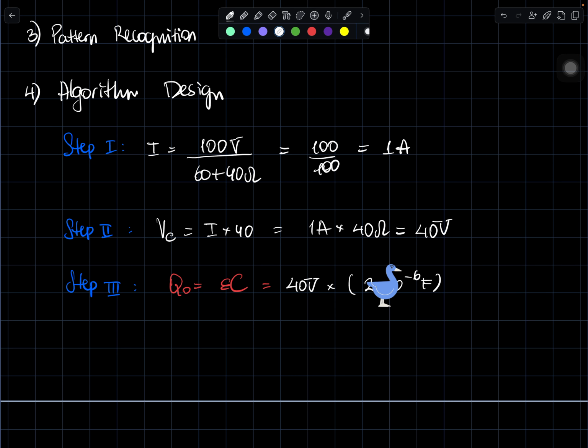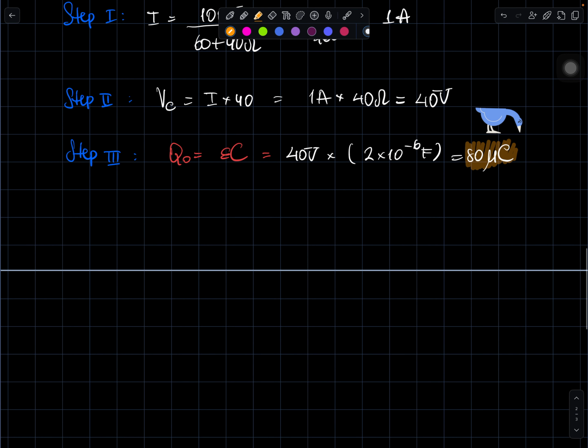This gives us 80 microcoulombs. So we found the initial charge. Let me highlight this. And now we are moving to part B.